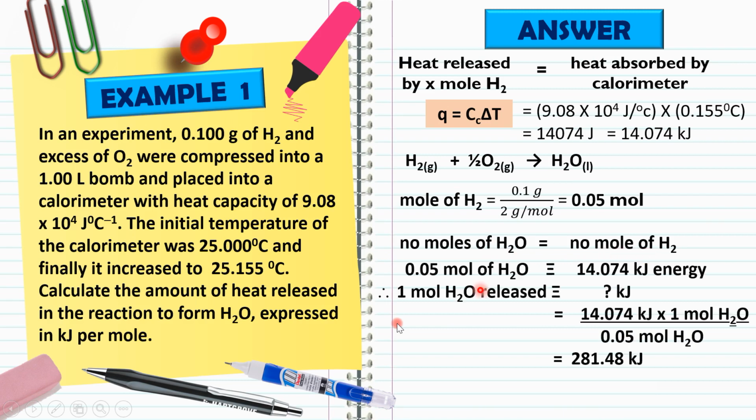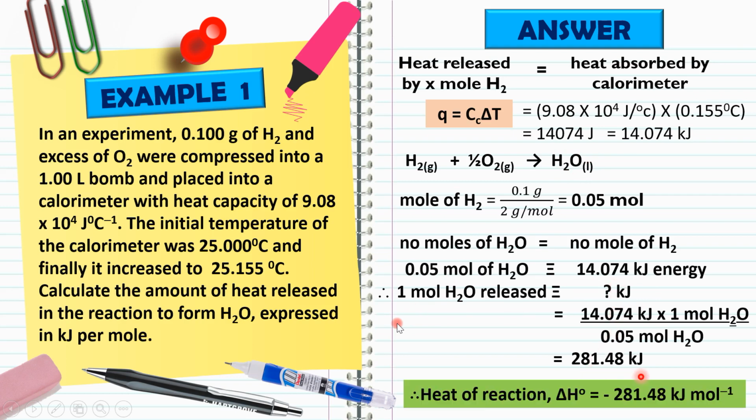Next, by using the stoichiometric method, you can find the heat released. 0.05 mole of H2O will produce 14.074 kilojoule of energy. So if 1 mole of H2O is formed, how much energy is released? Therefore you get 281.48 kilojoule.